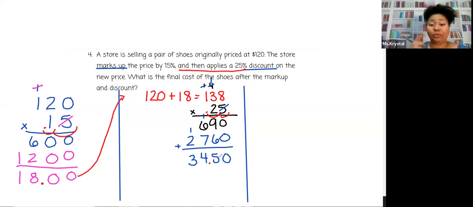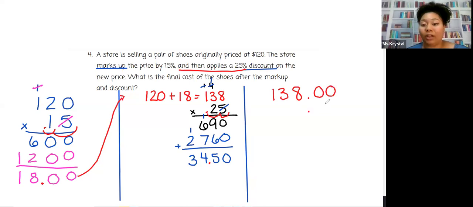We're subtracting. If you said subtracting, you are correct. But remember, we had that 138 because that's with the $18 markup. Now we need to take off 34.50. Whenever you are subtracting or adding decimals, you have to have them in alignment. Okay, so we're just going to put the 0.00 there because we have to have this in alignment.